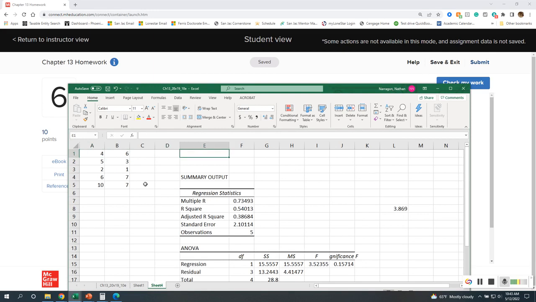Since we do have our x and y up there, first off, we need to figure out our mean. So the mean of x is right here.